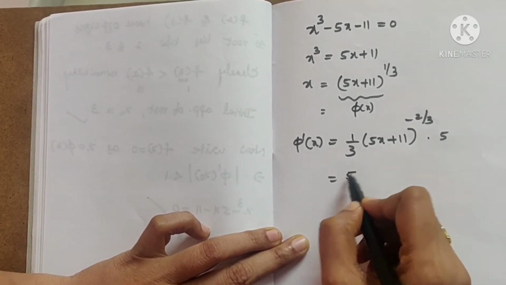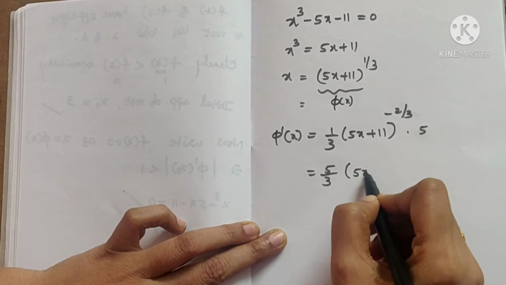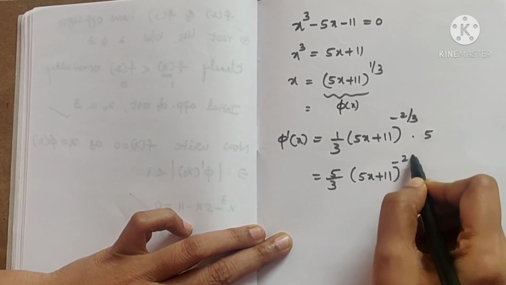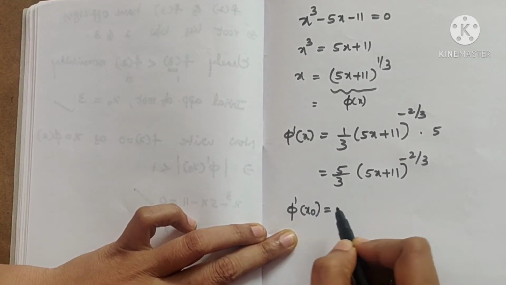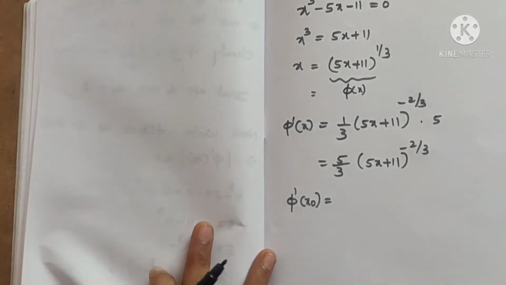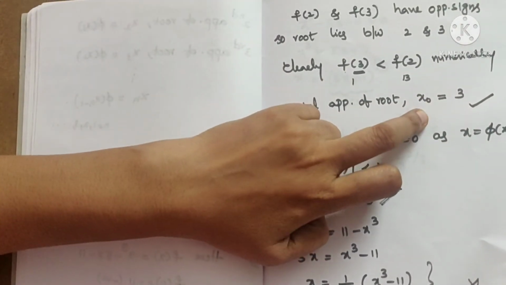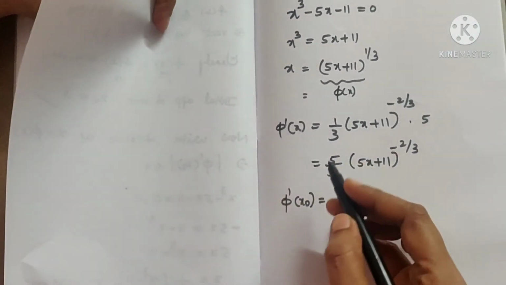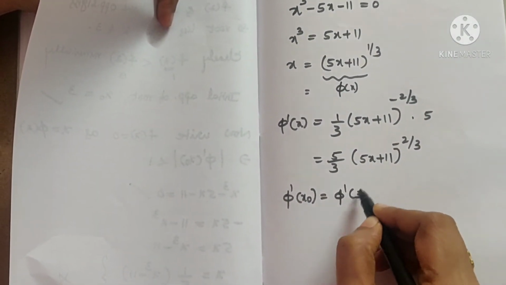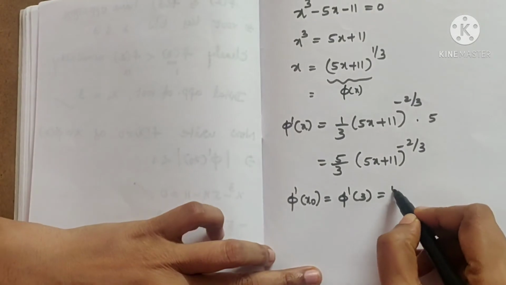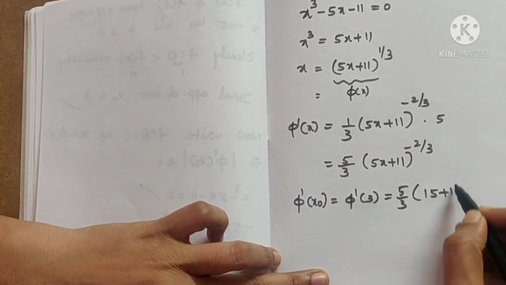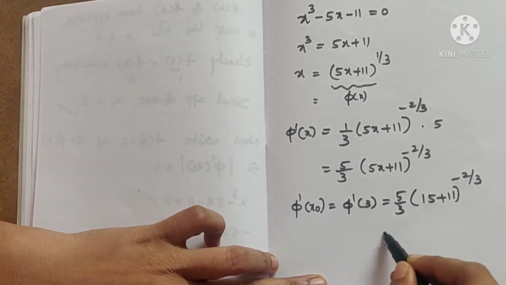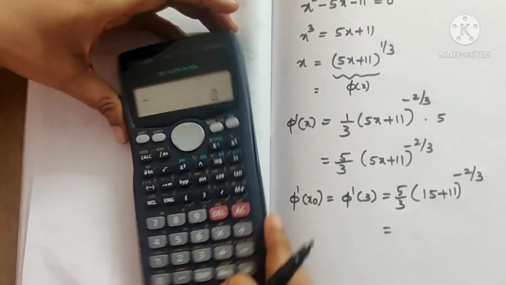So it is equal to 5 by 3 (5x plus 11) whole power minus 2 by 3. Now phi dash of x naught. Here x naught, the initial approximation of the root, is 3. So phi dash of 3 equals 5 by 3 (5 into 3, 15, plus 11) whole power minus 2 by 3.